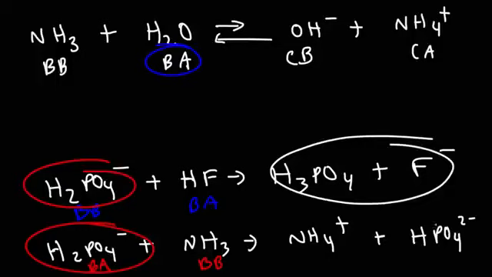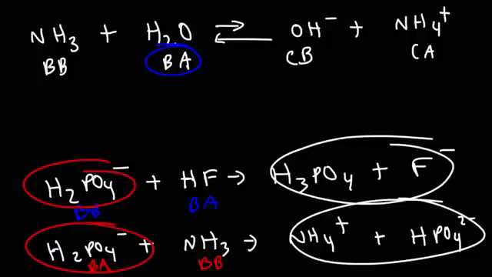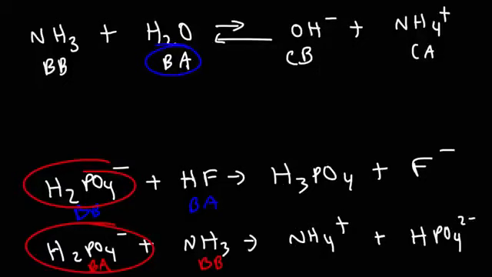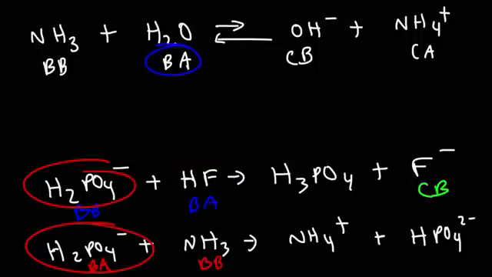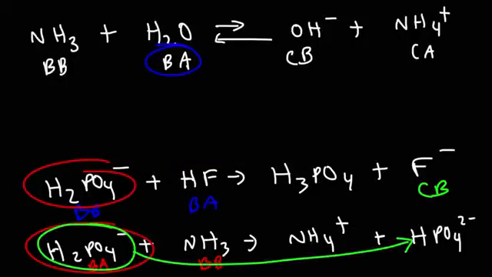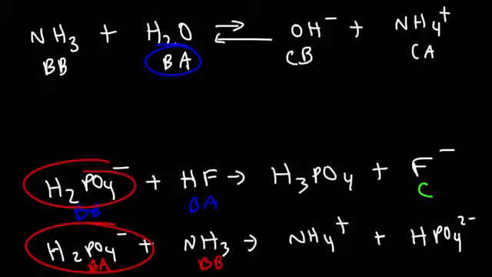Now looking at the products on the right, which ones are conjugate acids and which ones are conjugate bases? HF lost a hydrogen. Anytime you remove a hydrogen from something, you create the conjugate base. Dihydrogen phosphate lost a hydrogen to become monohydrogen phosphate. So this is the conjugate base as well on the other reaction.